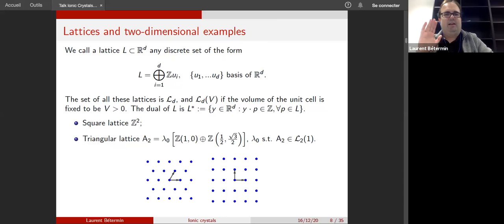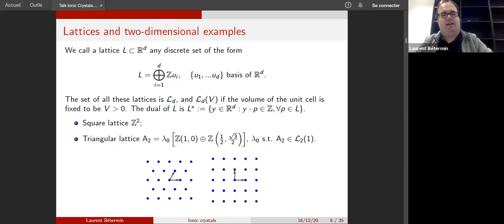So when I say lattice, I mean that. You can call them Bravais lattices if you want, but I will call it lattice. And the set of lattices of dimension d will be written L_d, and when you fix the volume, that will be written L_d(V). And the dual lattice is defined, as usual, as the set of points such that the inner product with the points of the lattice are integers.